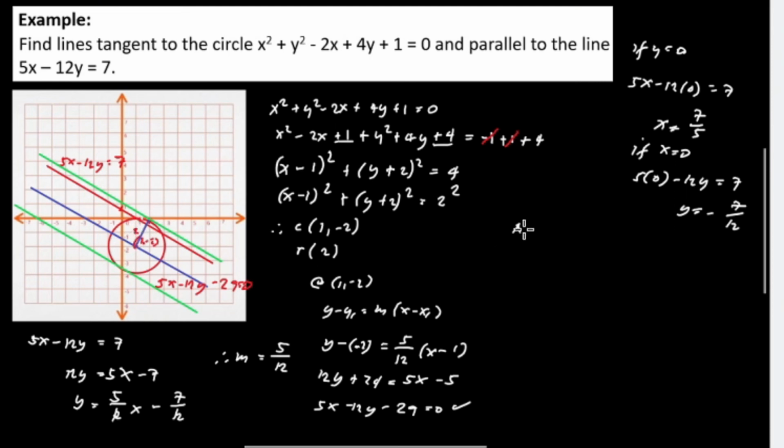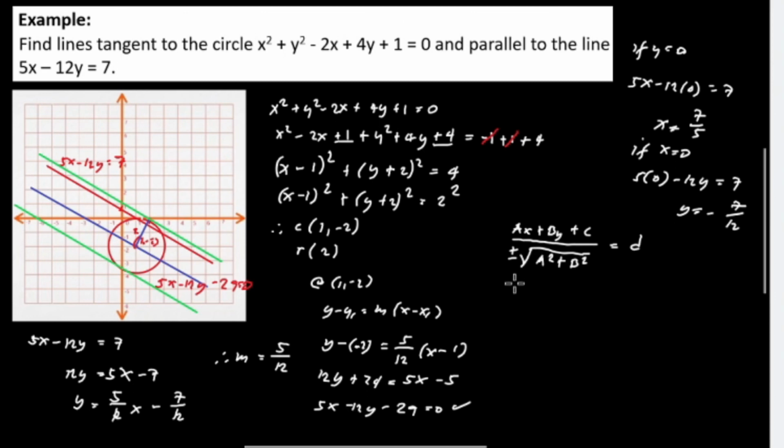The formula is ax plus by plus c, divided by the square root of a squared plus b squared, plus or minus, equal to the distance d, and the distance d is the radius, which is 2. The expression ax plus by plus c is the equation of the blue line, that's 5x minus 12y minus 29, where a is 5 and b is negative 12.